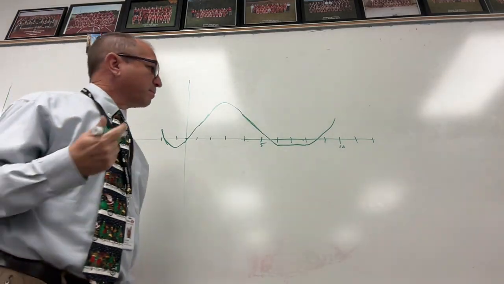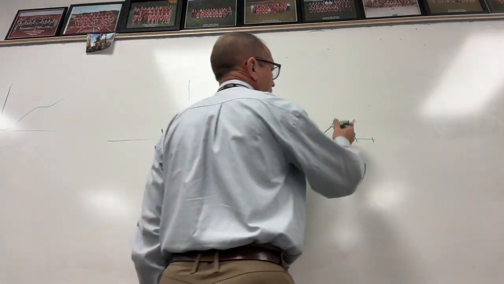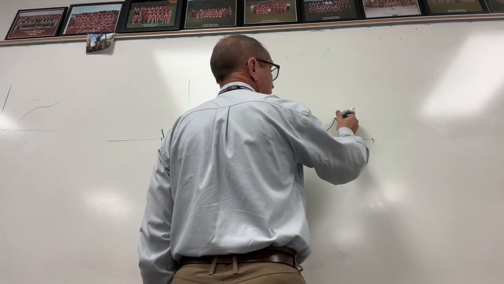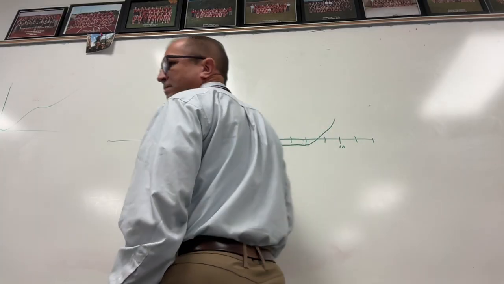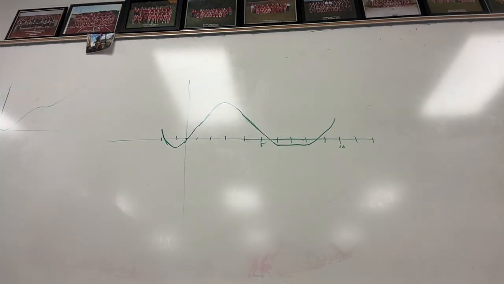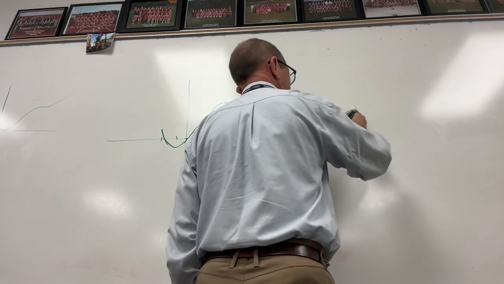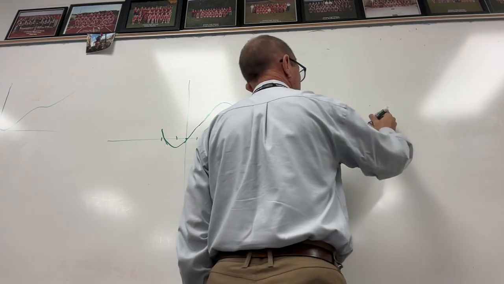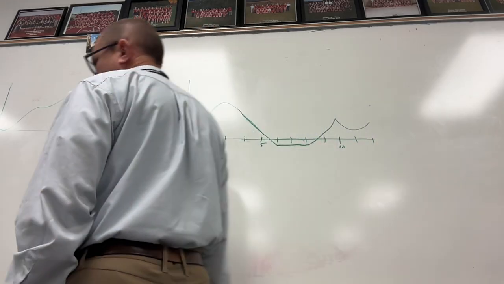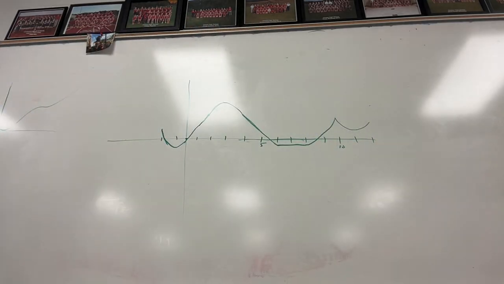And then I start having negative slopes from 10 to 11, correct? And then I start increasing again. So that's what the graph should look like.